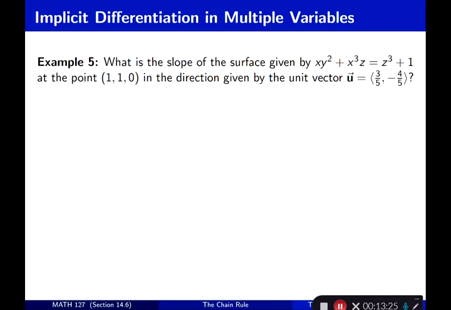Directional derivative, we need a gradient vector. And this is an implicit surface, and the gradient vector to the implicit surface is going to be z sub x and z sub y. First coordinate z sub x, second coordinate z sub y. So it's an implicit differentiation.